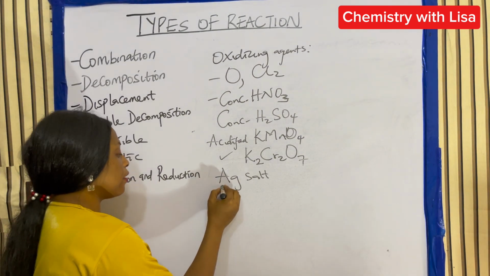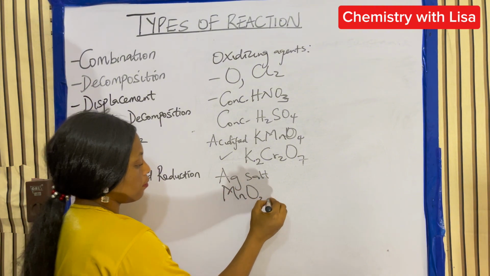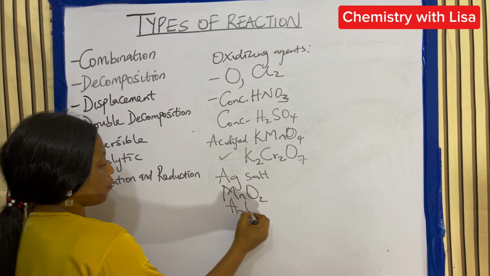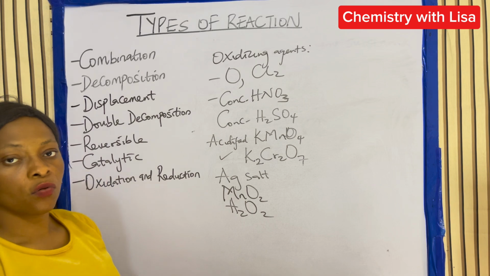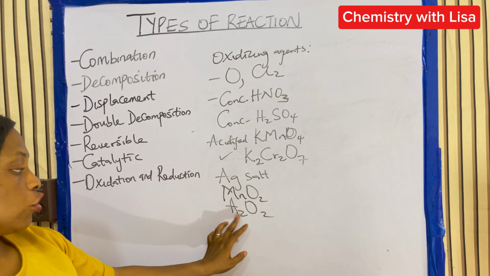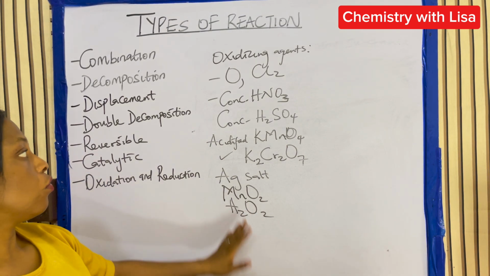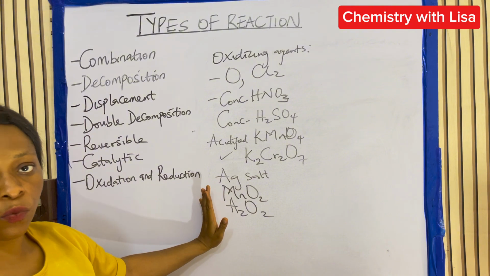You also have manganese 4 oxide and hydrogen peroxide, H2O2. So these are the oxidizing agents that we have.